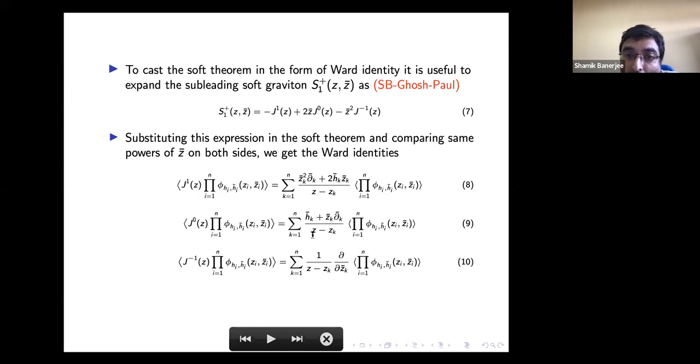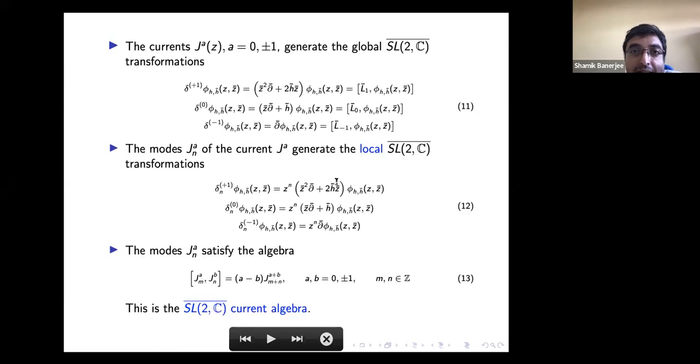So this can be seen more easily. I have three currents, JAZ, where A is 0 and plus minus, and they generate the global SL2C bar transformations. The global transformation delta plus 1 generated by J1Z acting on phi H H bar is essentially the action of L1 bar on phi.